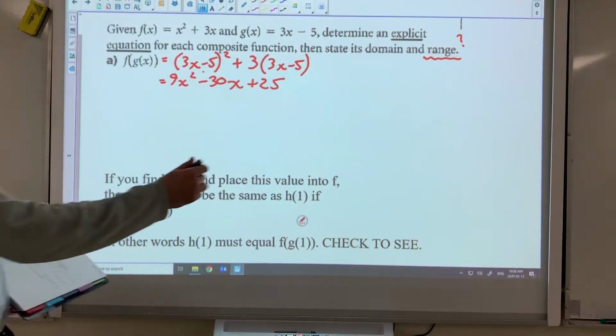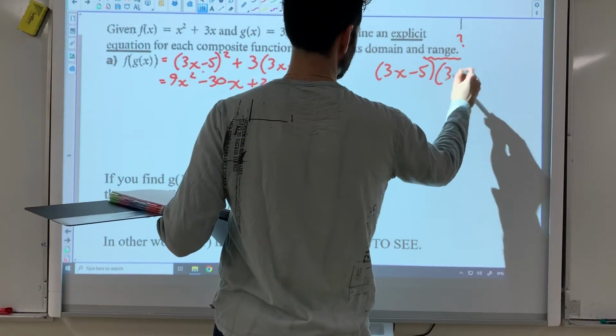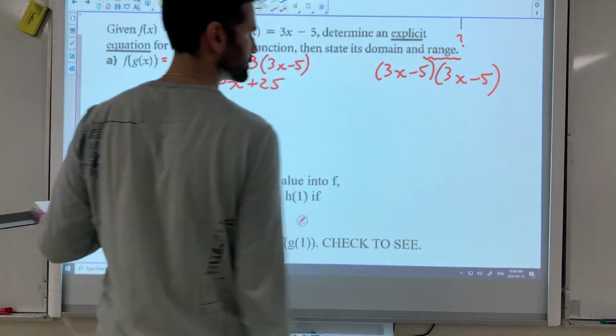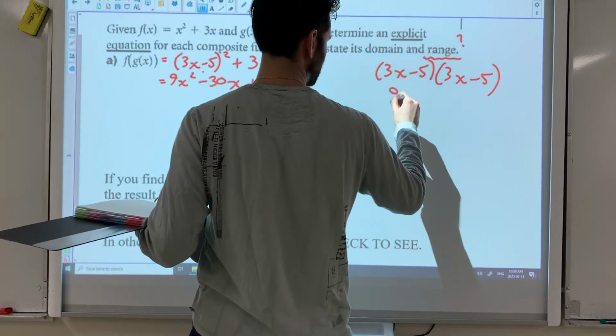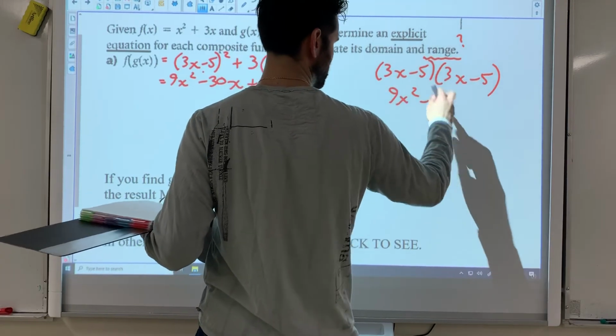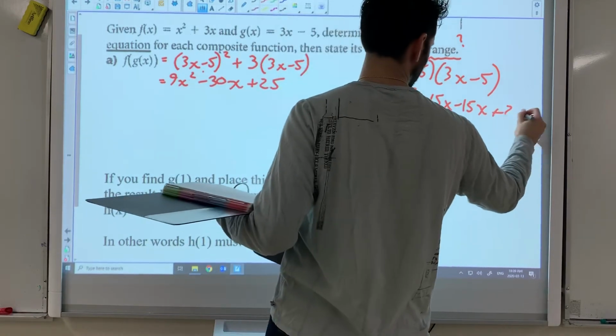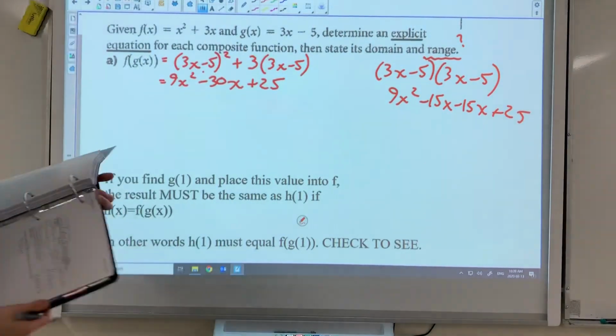All I did was FOIL it out, right? 3x times 3x, 9x squared, and then you get a negative 15x, and this times this gives you another one, and that times that, okay? Start trying to do it quickly.